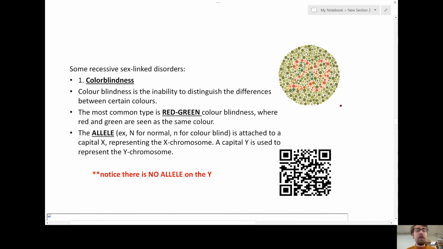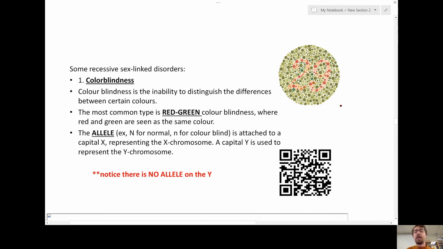So there's a couple of really common sex-linked disorders. One is color blindness. So color blindness is just the inability to distinguish the difference between certain colors. So the most common one is red-green color blindness. So red and green are seen as almost the same color.